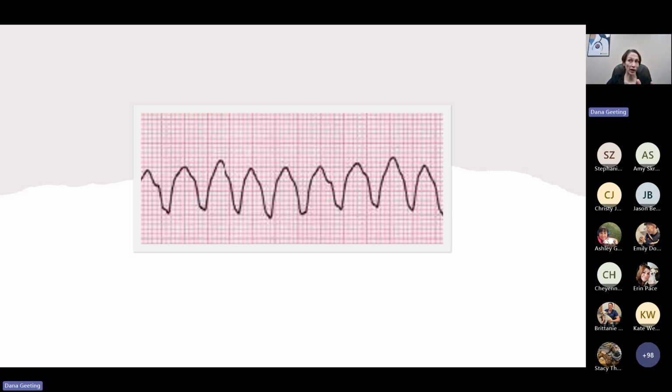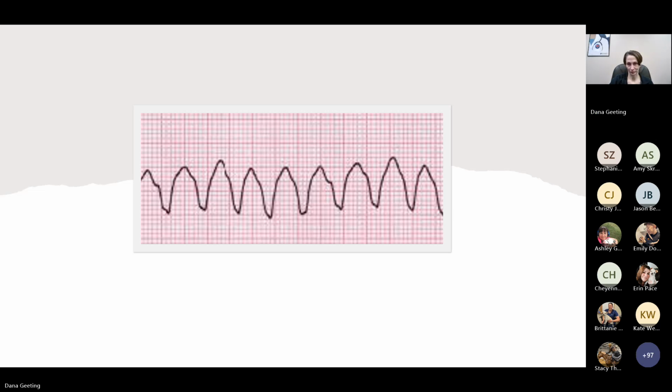It's going to be very wide looking, but almost regular because it's beating almost properly, just fast. Whereas when you have VFib, your ventricles are fibrillating and going real crazy, and your QRS complexes just look like a wet noodle.